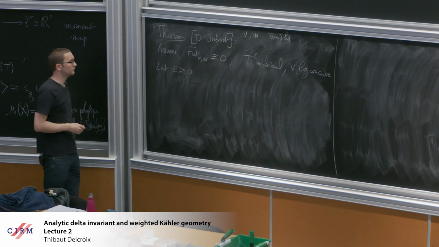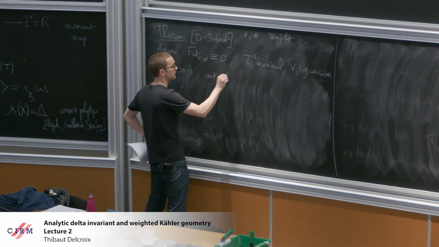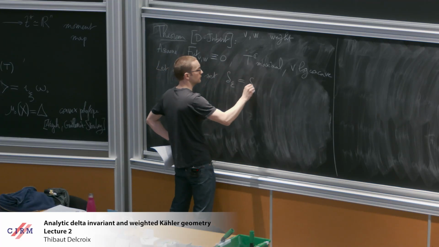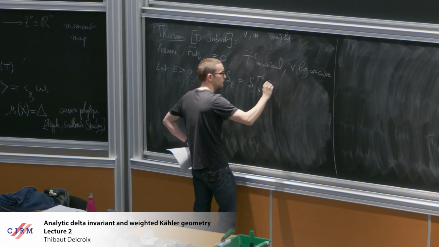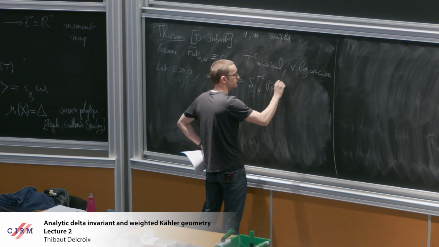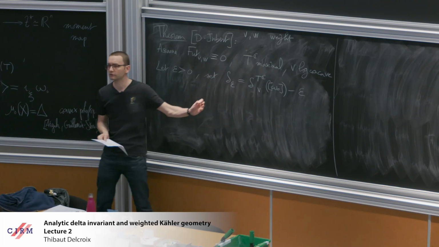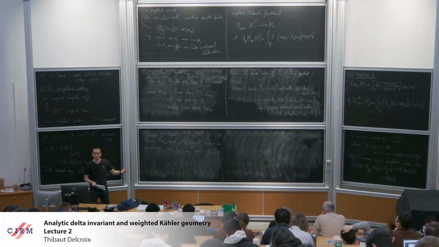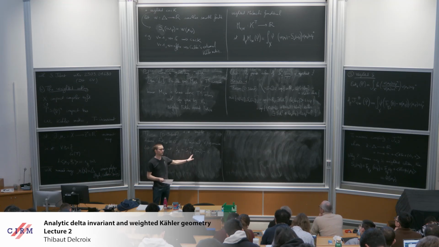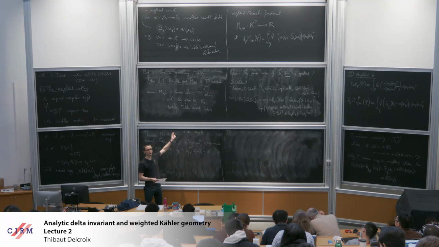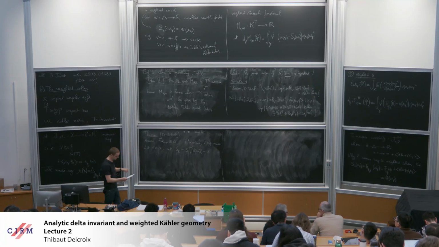Let epsilon be a strictly positive number, and to simplify notations, I introduce delta epsilon as this. So I take the reduced weighted delta invariant of omega 0, and I take something slightly smaller, so that I have coercivity of the entropy for this value, delta epsilon.